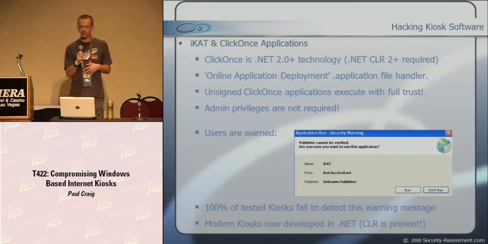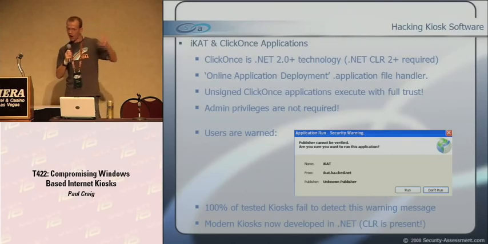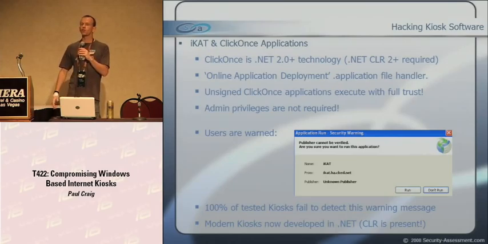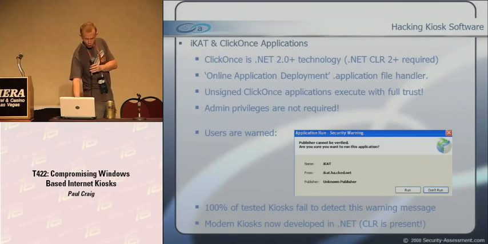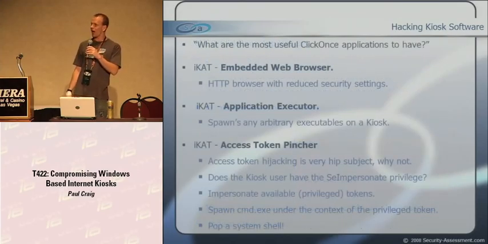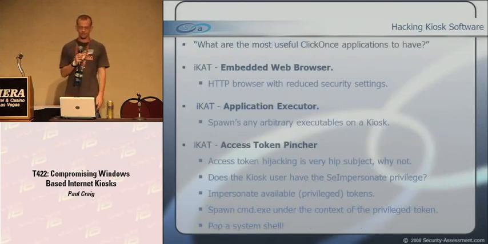So I said to myself, .NET is this powerful attack vector. What can I do with this? How can I expand online application deployment to fully compromise kiosks, and do it faster and better? So I wrote a whole bunch of apps. First, I wrote the iCat embedded web browser.